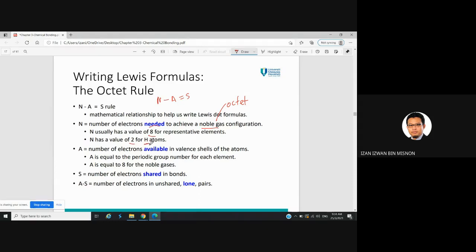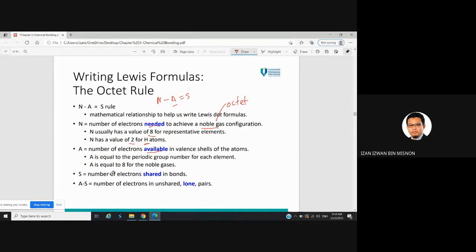Only hydrogen is the exception on the needed electrons to achieve a noble gas configuration. A is the available, meaning the available electrons on the valence shell. So A is equal to the periodic group number of each element. A is equal to 8 for noble gas.